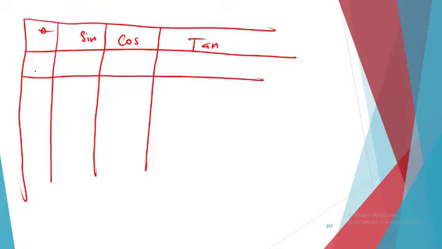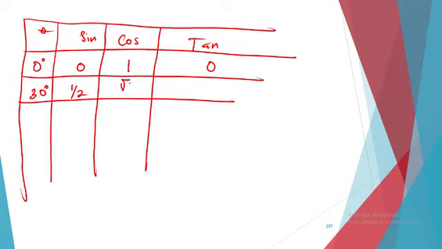So for angle 0 degrees, sine 0 is 0, cos 0 is 1, tan 0 is 0. We'll have sine 30 degrees is 1 over 2, cos 30 degrees is root 3 over 2, and this is 1 over root 3.